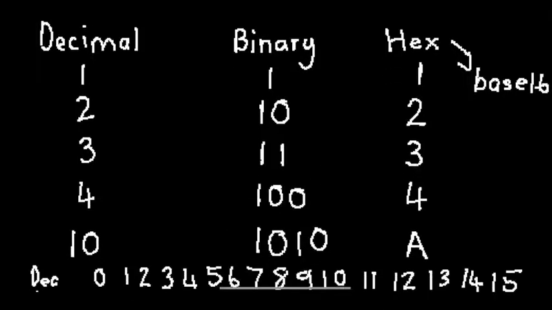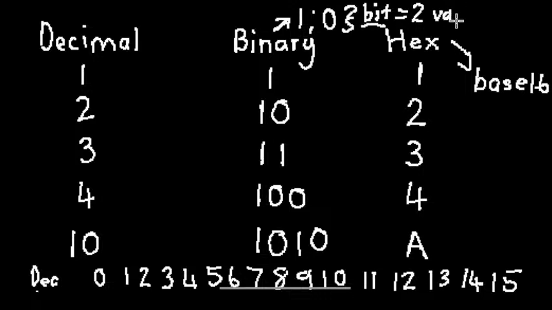So now, we also learned about binary numbers, which are used in computing, which is basically a 1 and a 0. And that 1 or 0 is called a bit. And a bit can represent a total of 2 values, either a 1 or 0.